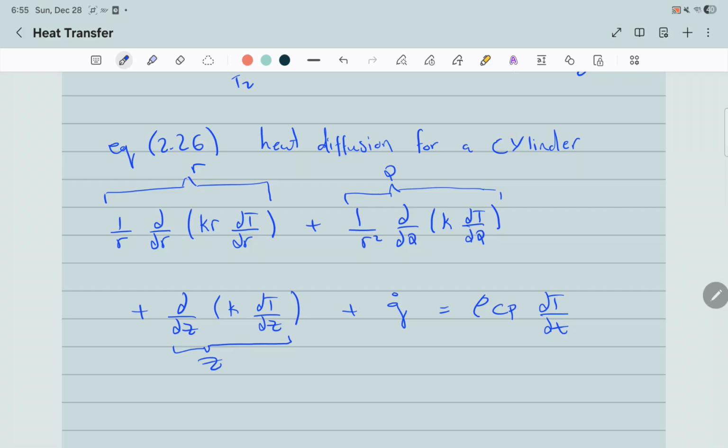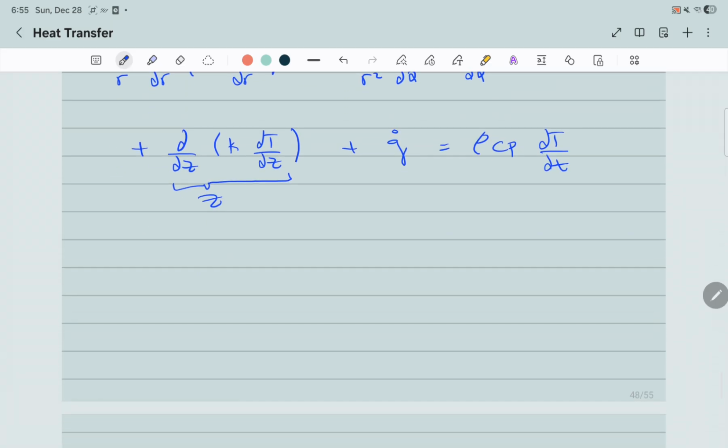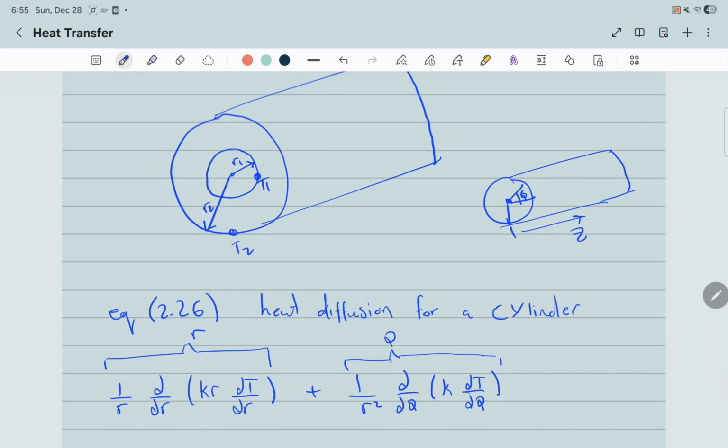Okay, now just like the plane wall, we're going to have the same assumptions. We're working with one dimension, and the dimension we're working with here is the r axis, the radial axis, meaning that heat will only be flowing in the radial direction.